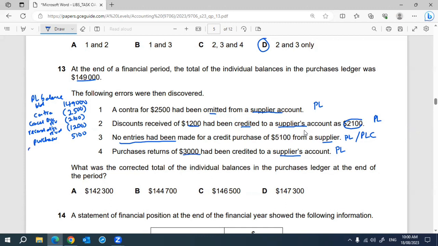So cancel purchase return 3,000 and then we need to record purchase return 3,000. So upon adding all this, we would get a total of 142,300. So therefore, the correct answer is A.